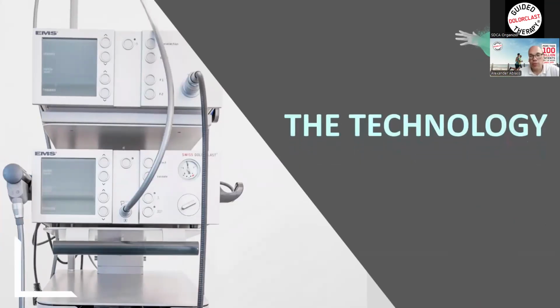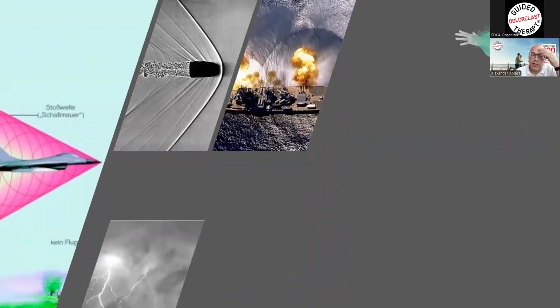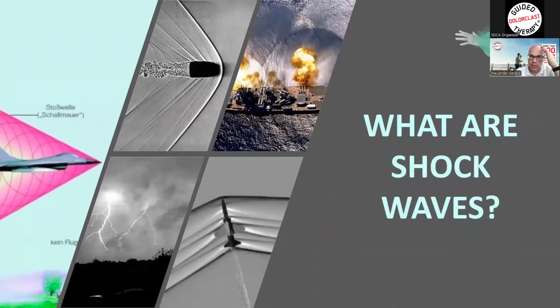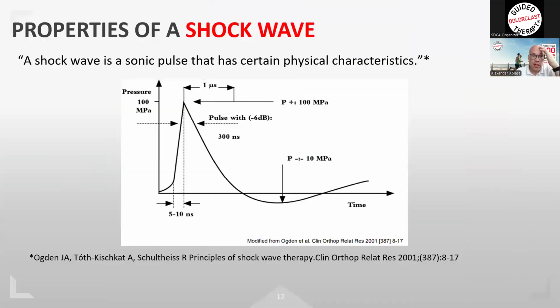What is the technology behind all this? As you can see on these pictures, what are shockwaves? Shockwaves are acoustic waves. And a shockwave is a kind of sonic pulse with physical characteristics which are really special for this kind of wave.